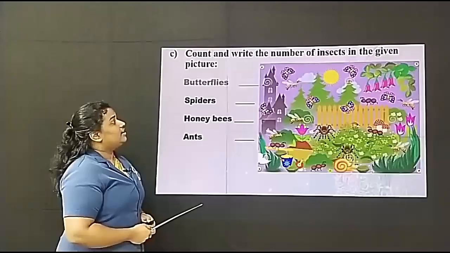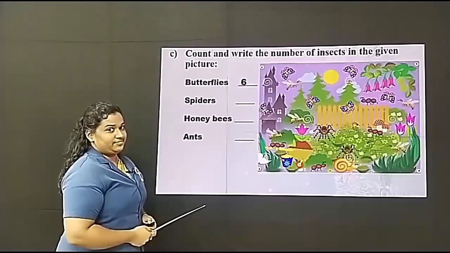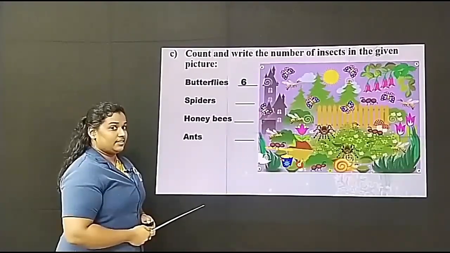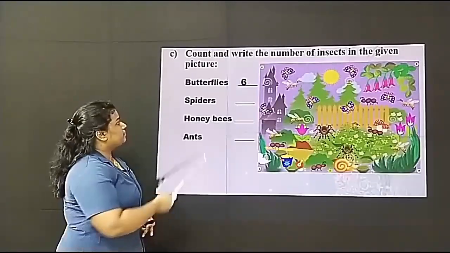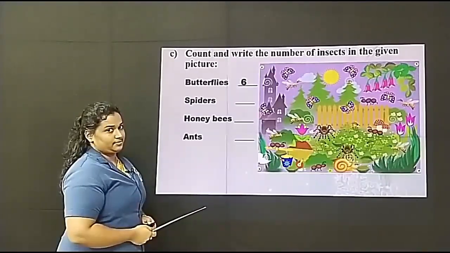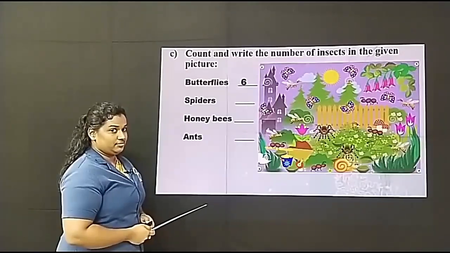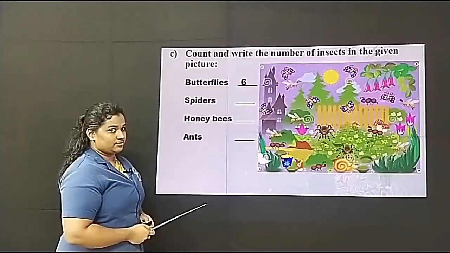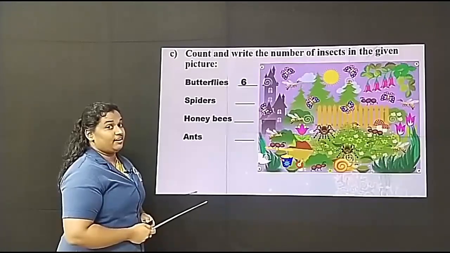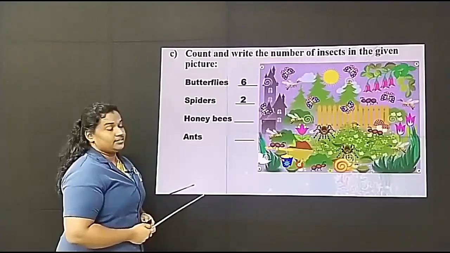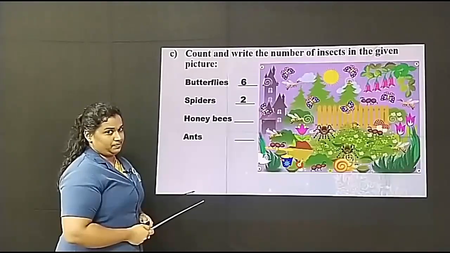There are 6 butterflies. The next insect, spiders. How many spiders are there in the given picture? Yes, there are 2 spiders in the given picture.